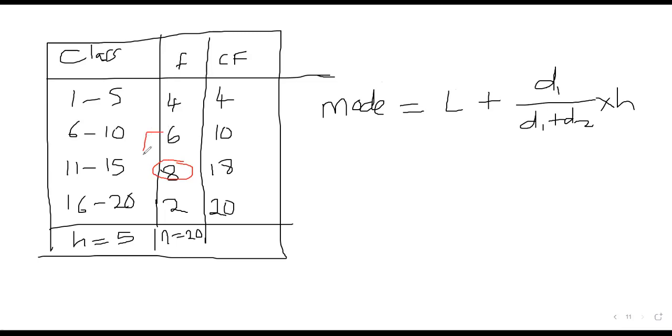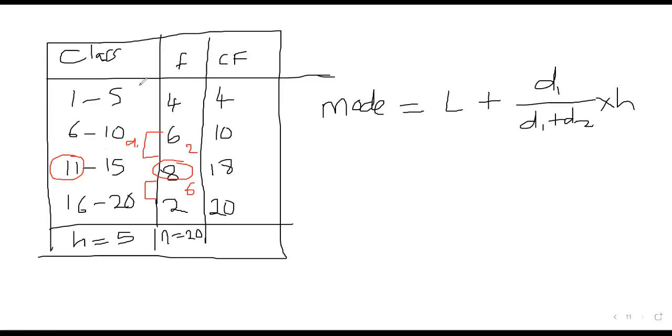So the D1 is the distance above. Our D1 here is what? From 8 to 6, we get a 2. Our D2 is the distance below. From 8 to 2, what is the distance? We're getting a 6. Then using this 8 again, you identify the lower boundary. Now, ideally, this number must be the same as that number. If it's not the same, we usually subtract 0.5. It is a rule.